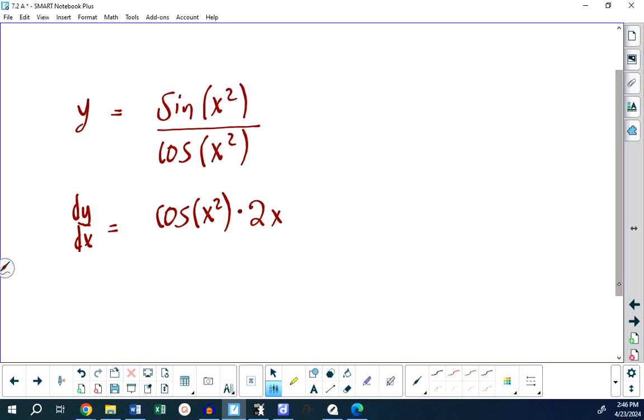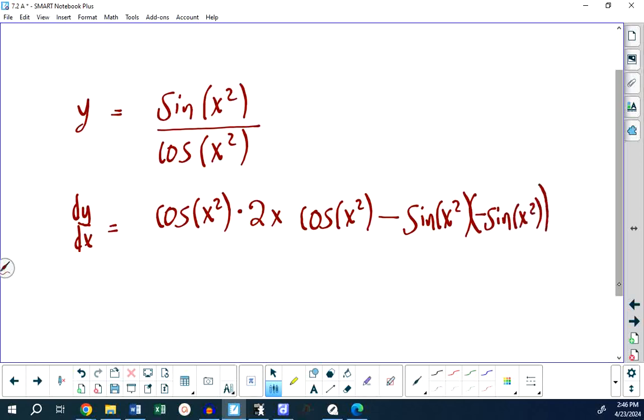Times the denominator, which is cos of x squared. So derivative of the numerator times the denominator minus the numerator times the derivative of the denominator. The derivative of cosine is negative sine of the thing times the derivative of the thing over the denominator squared.